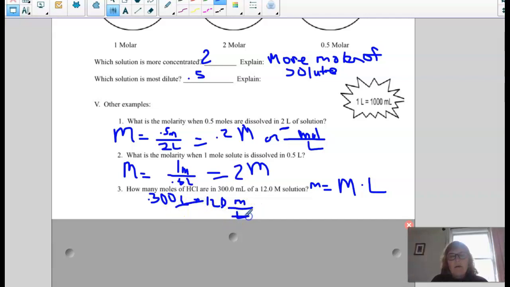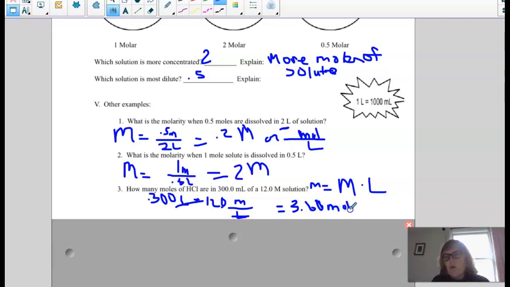So cross it out. And if you take 0.3 times 12, that will give you 3.6 moles. Now, because of sig figs, it will be 3.60 moles.